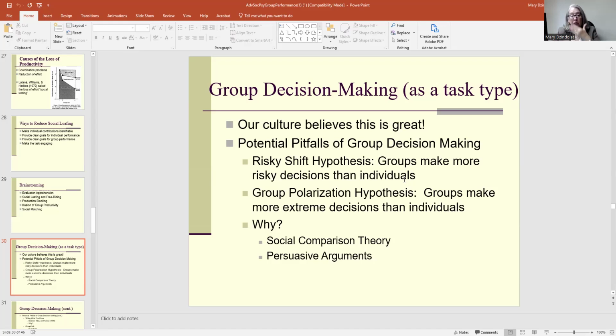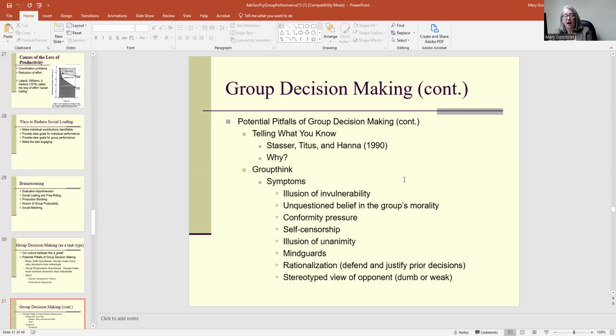I need to become more extreme to be more correct than everyone else. And that's the social comparison theory idea. They might both be correct. There's evidence for both. But it's very clear that groups make more extreme decisions than individuals.